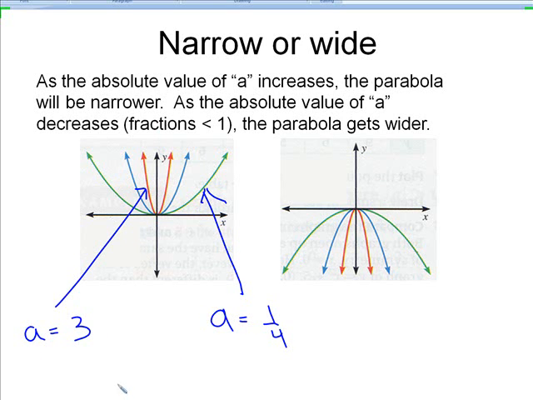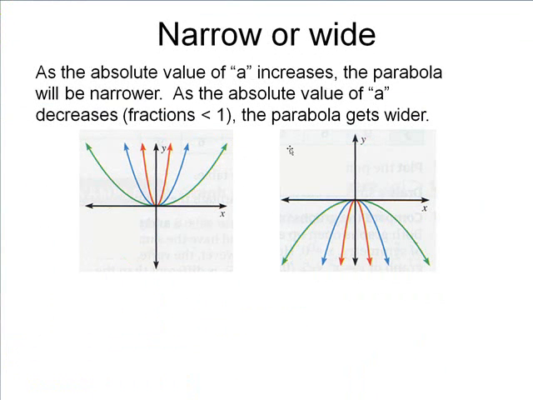And then this one right here in blue, I would guess it would be something like a half. It can't be smaller than 1/4, because this one was wider, so a half. And you guys get the point. So same rules apply that you learned in chapter 2 regarding absolute value functions and the a value.